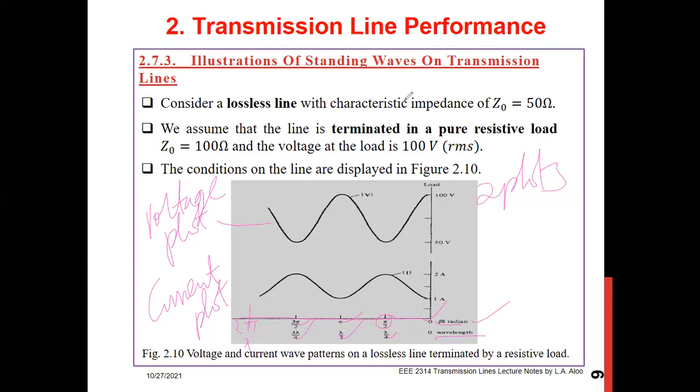Now, when we come to the waveform, let's take note of the fact that we have been told that the voltage drop across the load is 100 volts RMS. So you'll put 100 volts there for the load.